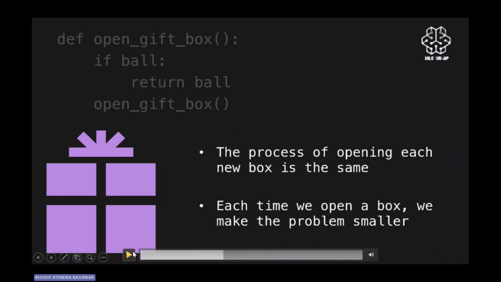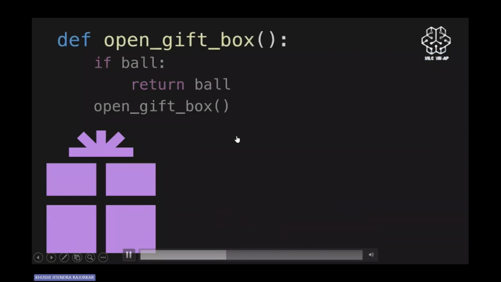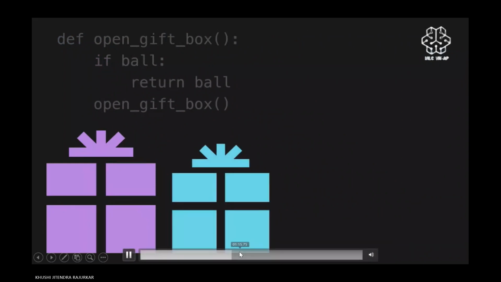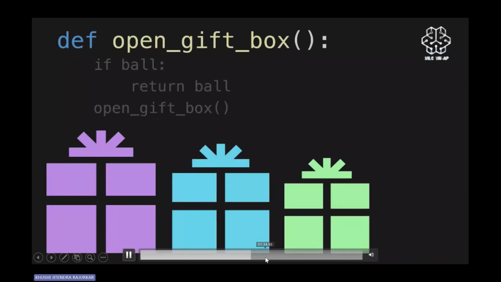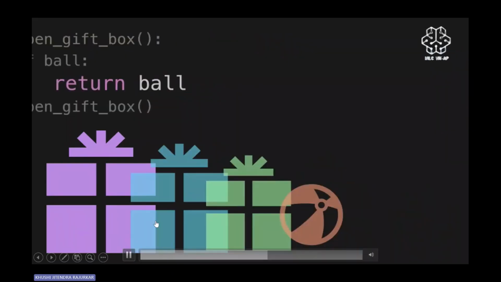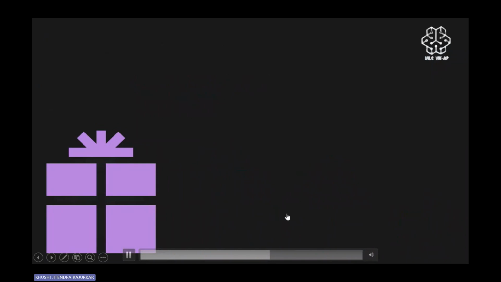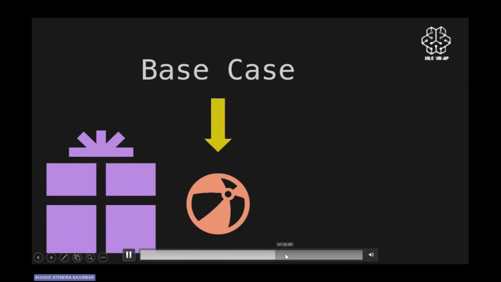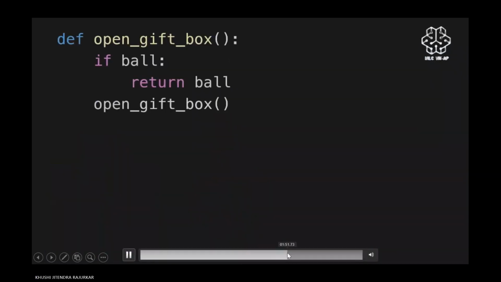And as we keep on recursing, which means if we keep on calling the function on itself, the problem actually keeps getting smaller and smaller, and we keep getting closer to our solution. So this is essentially how our function works. We kept on opening the box until we found the ball and we returned the ball. This was our base case.